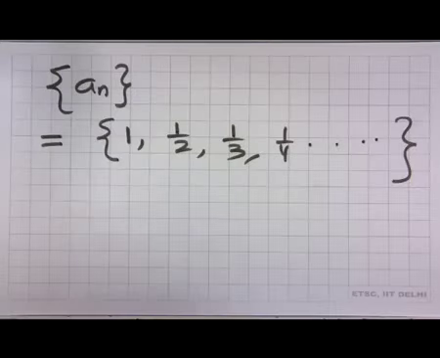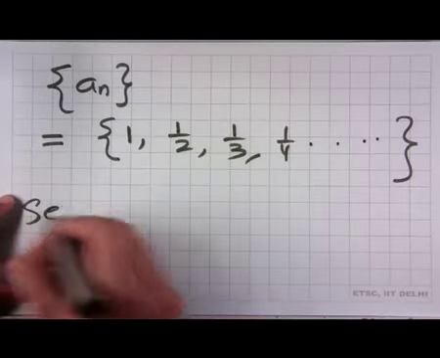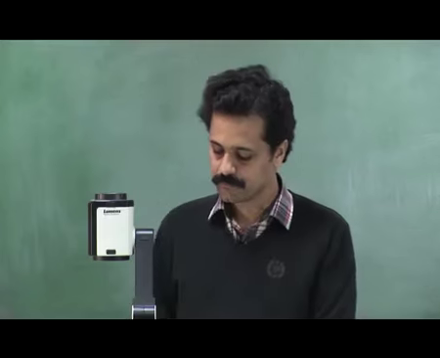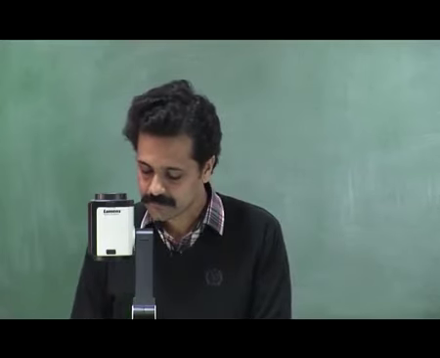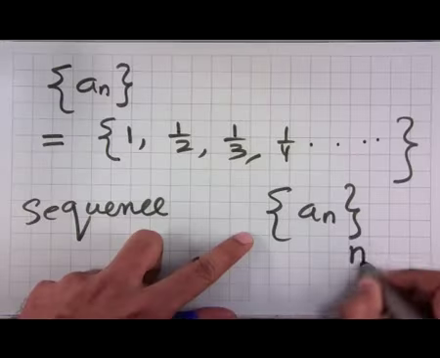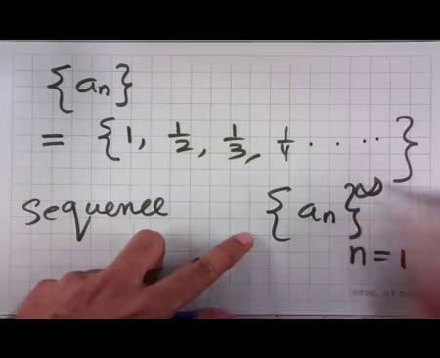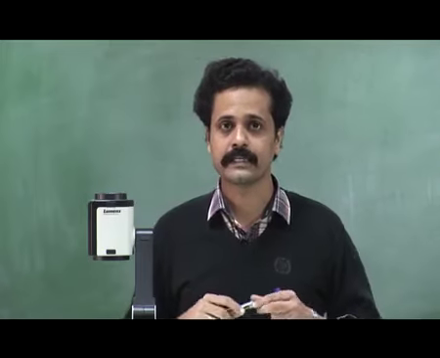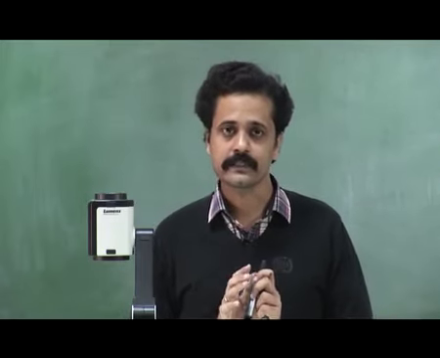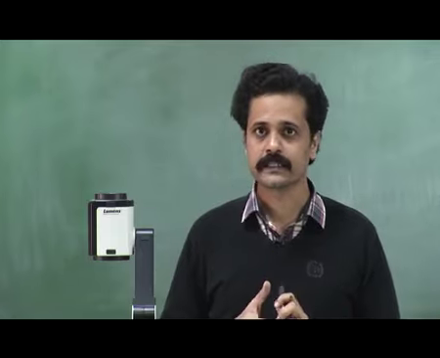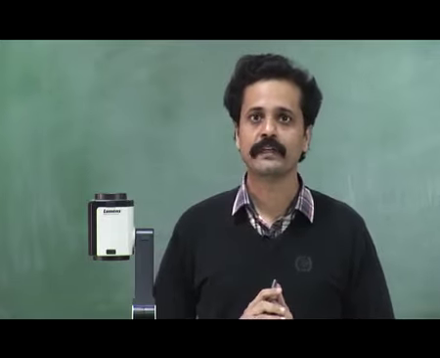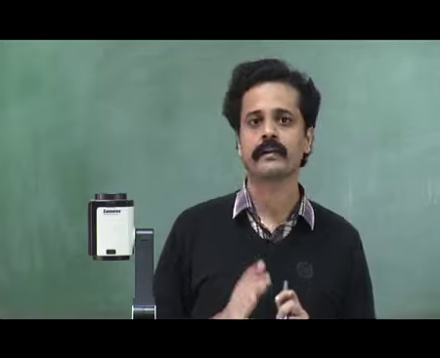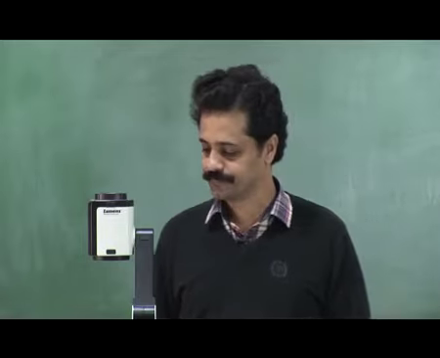Thus, though we use the notation set {a_n}, n equal to 1 to infinity for a sequence, keep in mind that a sequence is different from a set, mainly in the sense that a sequence is an ordered list, whereas in a set we do not bother about the order in which elements occur.